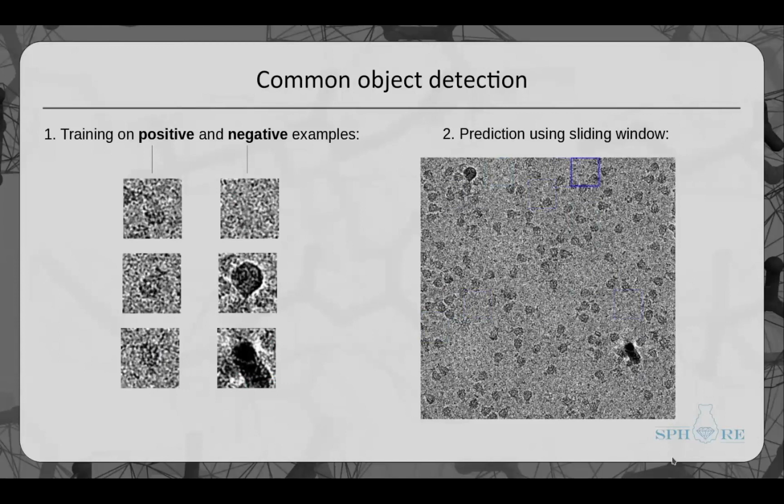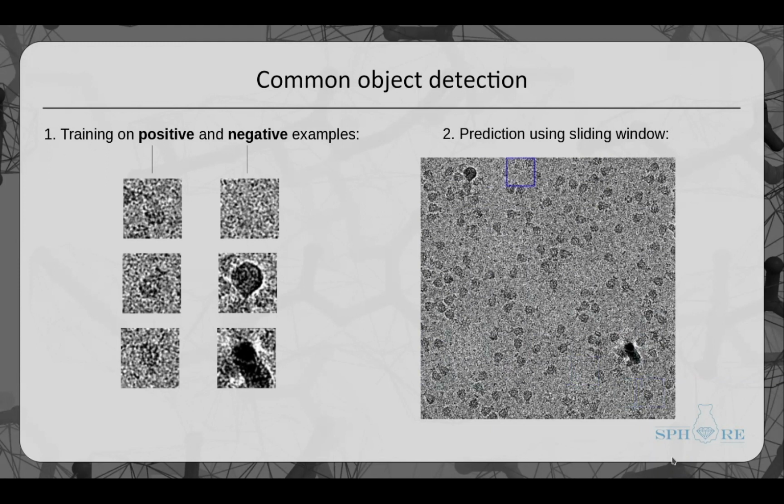Each of these small blue windows is cropped out of the image and presented to the classifier, and the classifier will give you some probability that this image contains the object that you want to detect. In the end, you get a kind of probability map, and you detect the peaks in such a map, and these peaks are the positions of the particles.